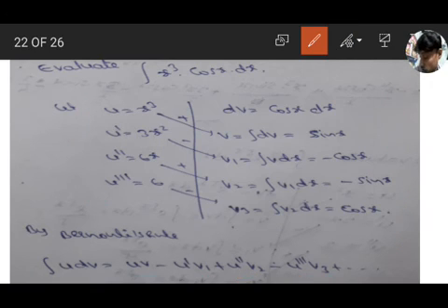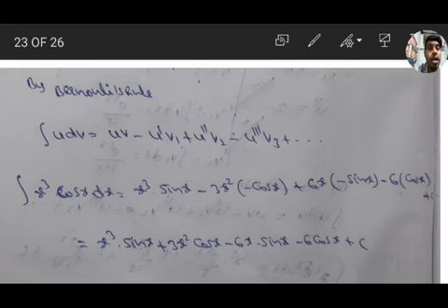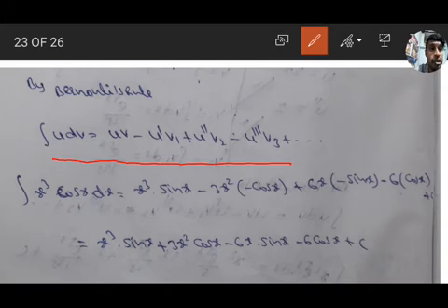So substituting in this formula, integration of u dv equal to uv minus u dash v1 plus u double dash v2 minus u triple dash v3 plus so on. So integration x cube into cos x dx equals x cube into sin x minus 3x square into minus cos x, plus 6x into minus sin x, minus 6 into cos x plus c.